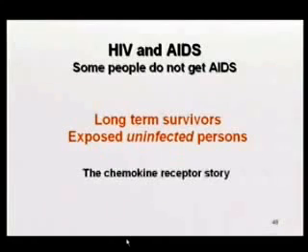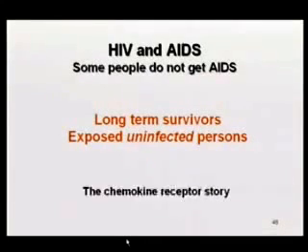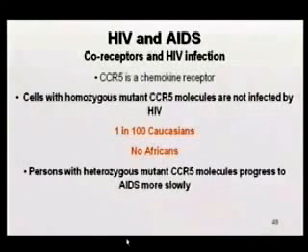Why? Well, this leads us to the chemokine receptor story, which we've just seen the beginning of. If you're fortunate enough to have CCR5 chemokine receptors that have certain deletions in them, and about 1 in 100 Caucasians, but no African Americans fall into this category, you don't get infected by AIDS.